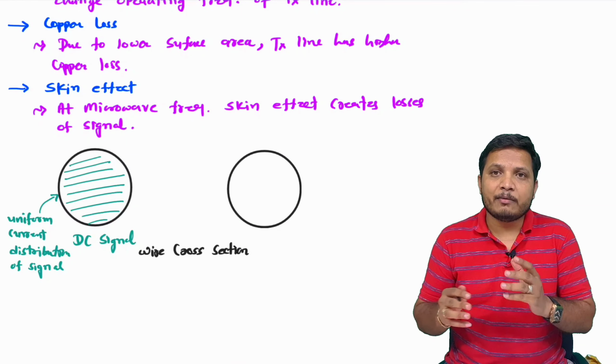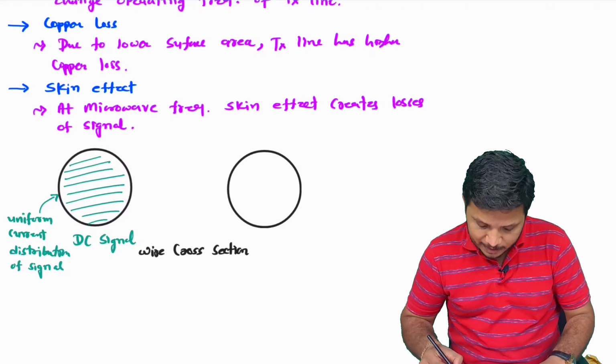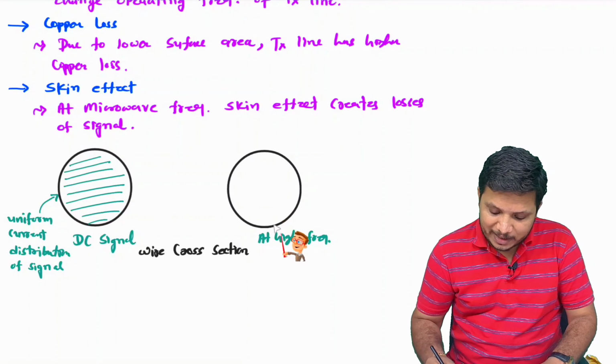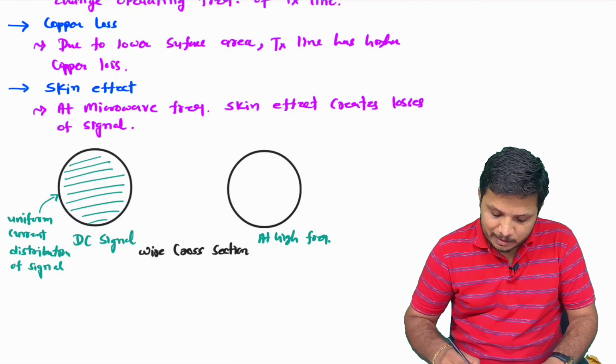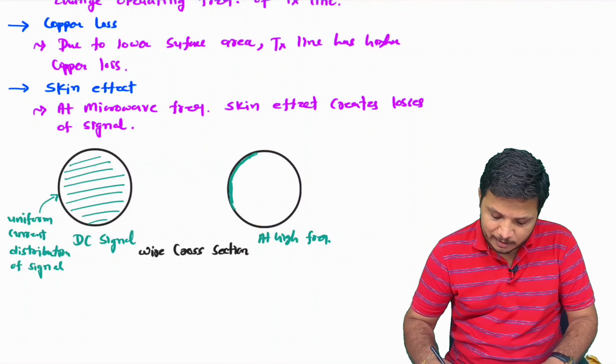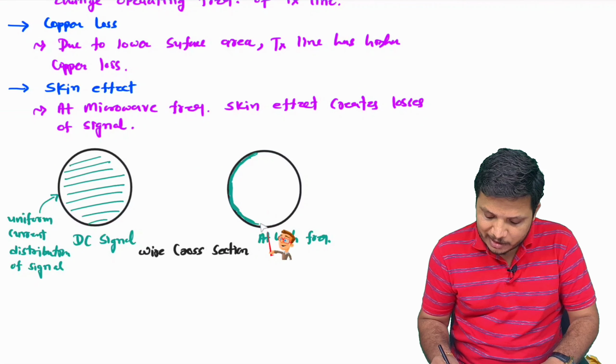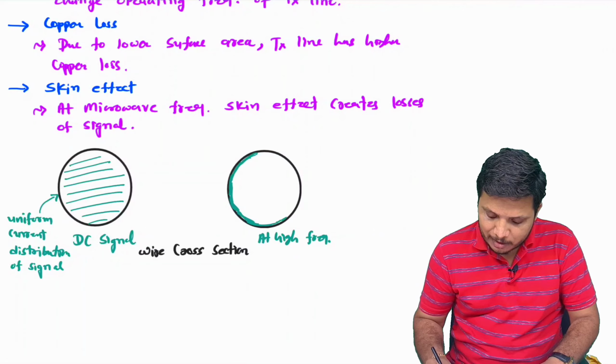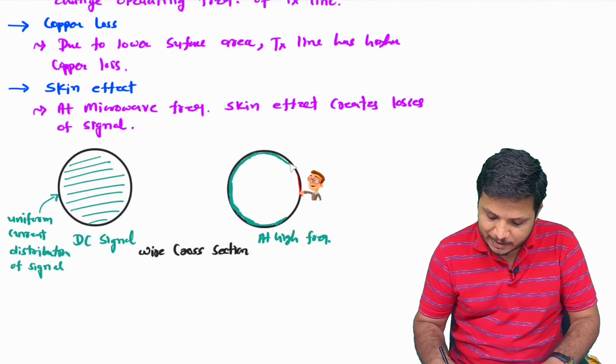Now what will happen when we increase frequency? When we increase frequency, this current will move towards the surface of the cross section. So you see, now the current distribution is more at the surface of the cross section.